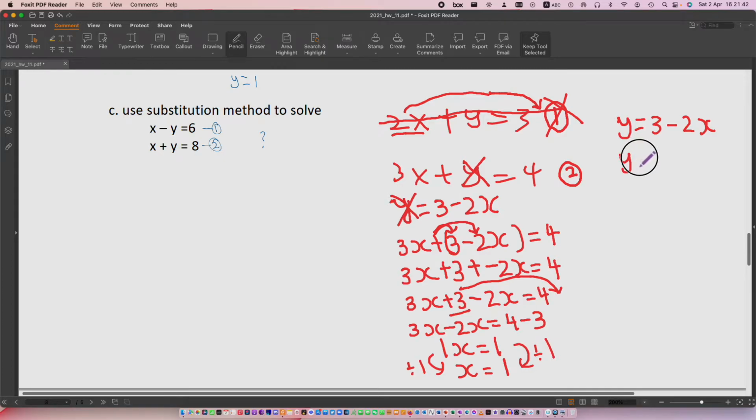Then you can get your y already. Yes. Okay. Are you clear? How to do substitution now? Clear or not? Okay, good.